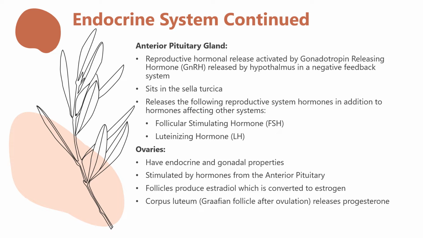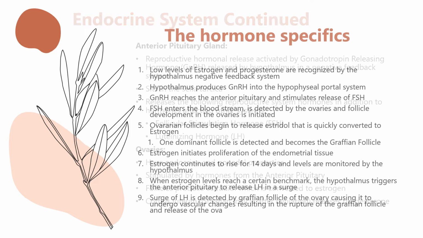Luteinizing hormone is released later, as we'll talk about, and then it acts on a nearly mature follicle to promote ovulation. And our ovaries are entirely dependent on these hormones in order to be triggered to do the different functions of their gonadal and endocrine responsibilities.